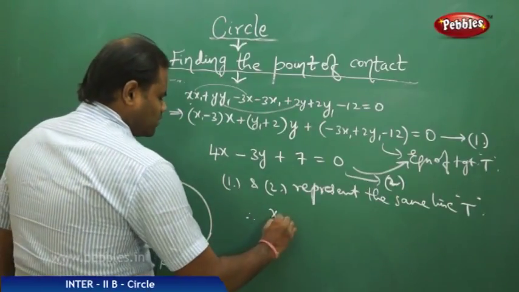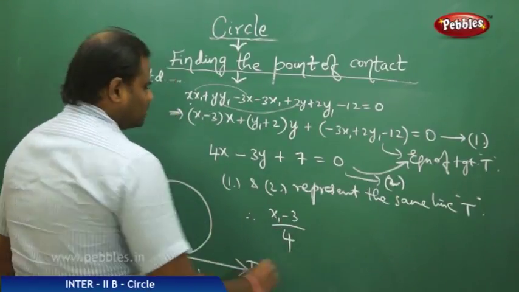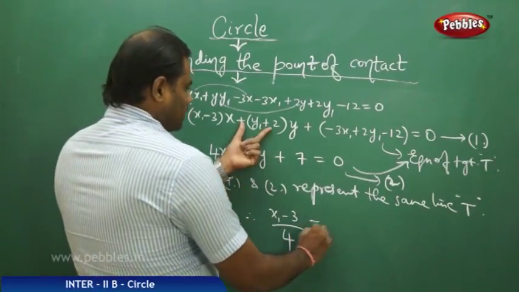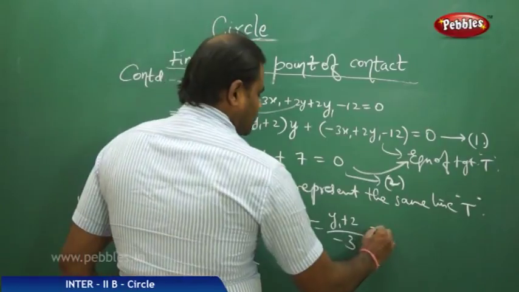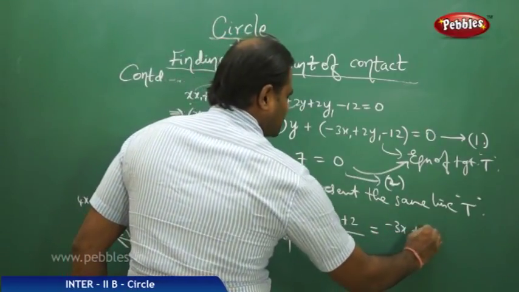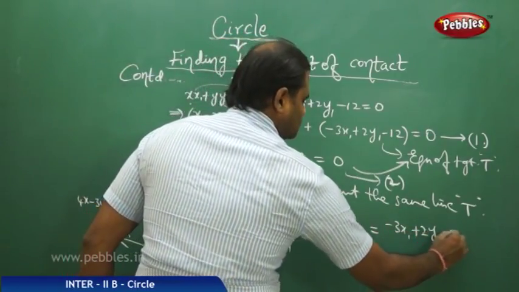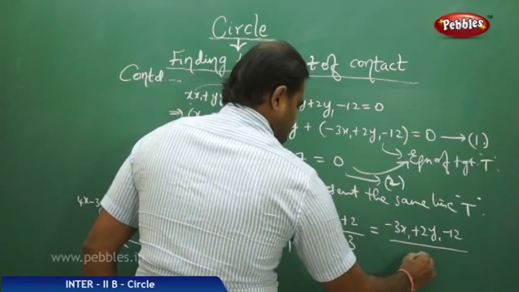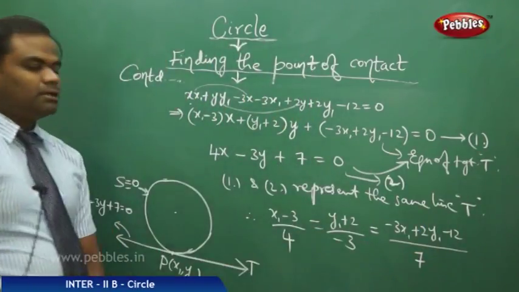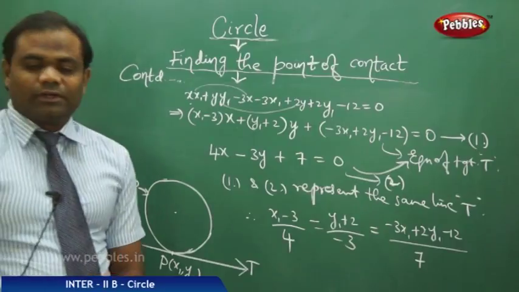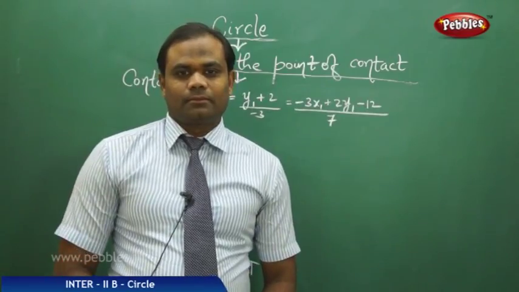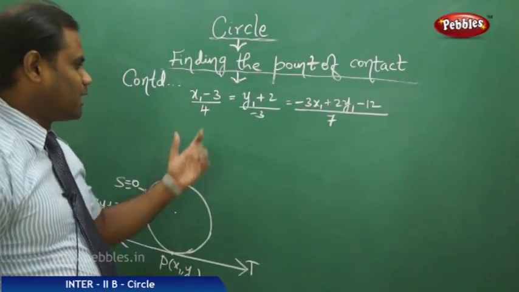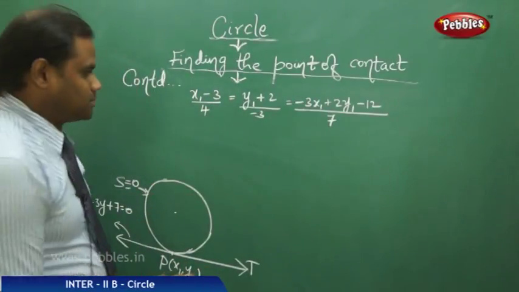Therefore, (x1 - 3)/4 must be equal to the y coefficients, which are in same proportion, and the constants, (-3x1 + 2y1 - 2l)/7. They should be in same proportion, through which we find x1 and y1. So let's try to find x1 and y1 from these two equations.